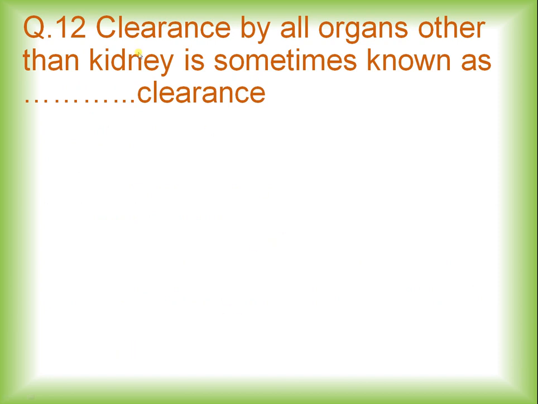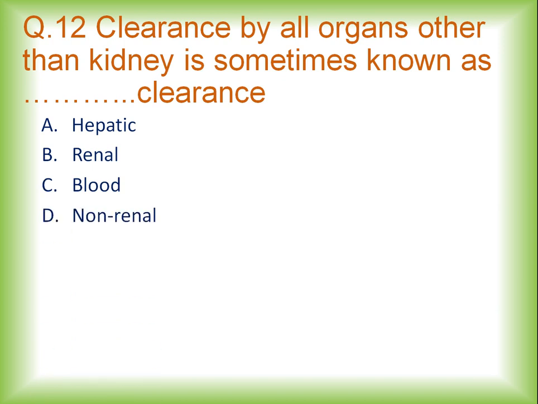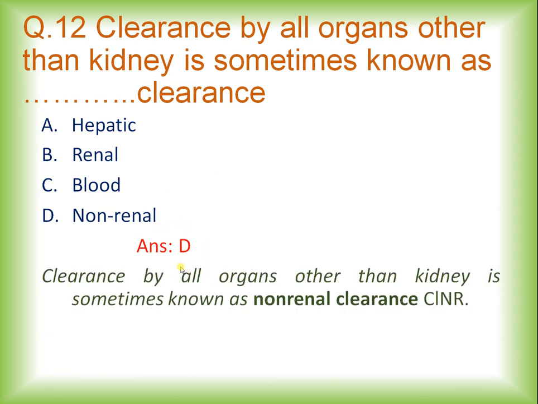Now coming to the next question: clearance by all organs other than kidney is sometimes known as dash clearance. Options: hepatic, renal, blood, or non-renal. So the clearance which is not done by the kidney is also known by another name.